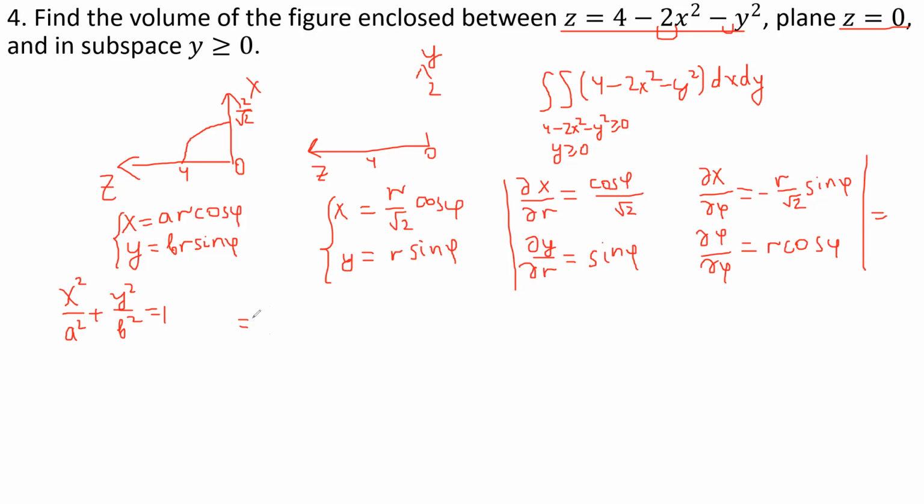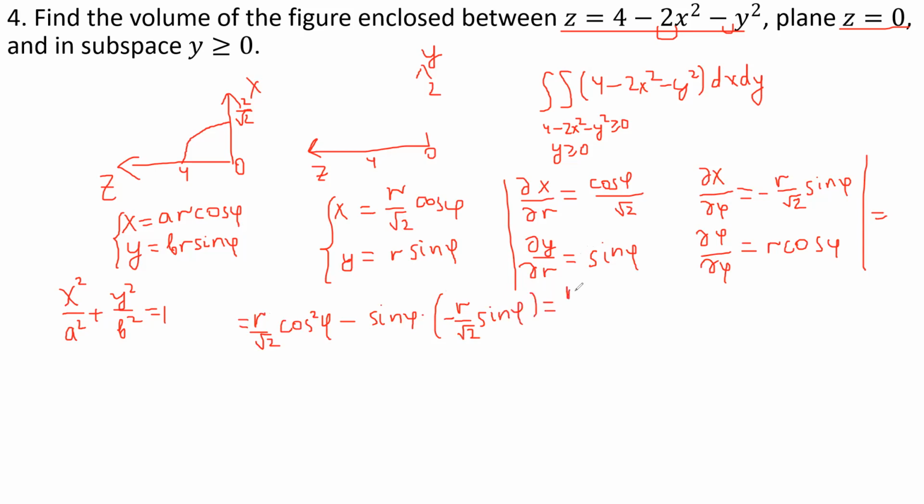So we have r over square root of 2 cosine squared of phi. Then we need to subtract sine phi times minus r over square root of 2 sine phi.